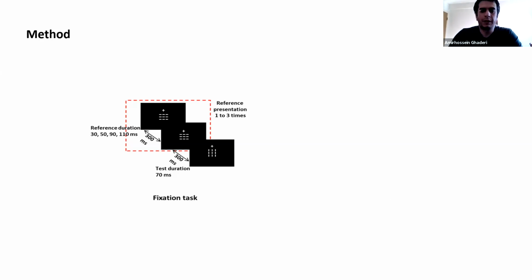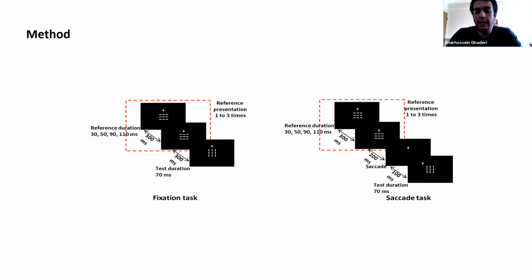In this paradigm we had two conditions: a fixation task and a saccade task. Everything in the saccade task is similar to fixation, but we ask participants to perform a saccade 100 milliseconds before the presentation of the test stimulus.